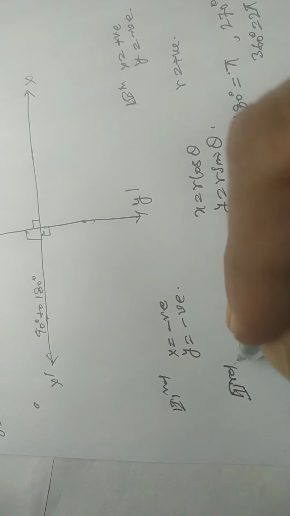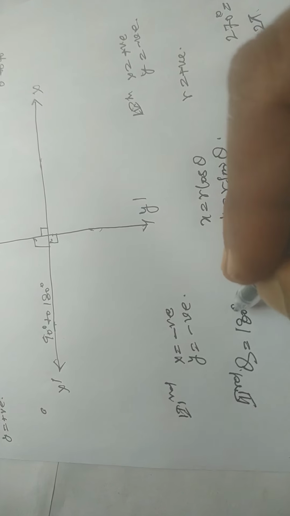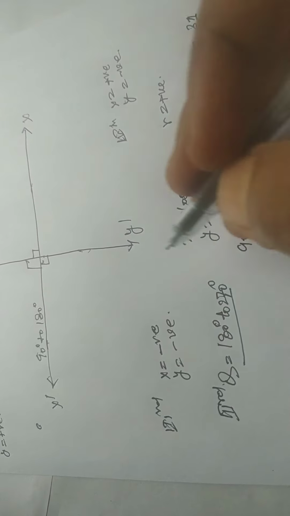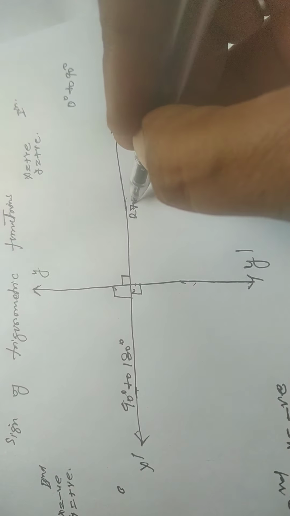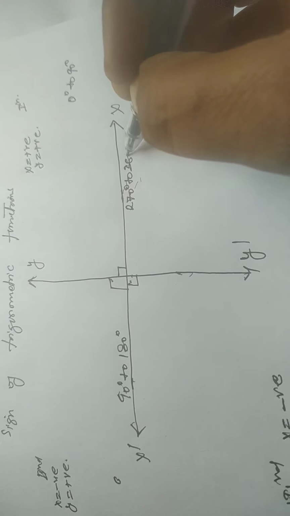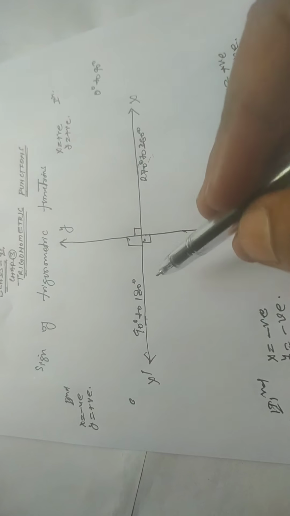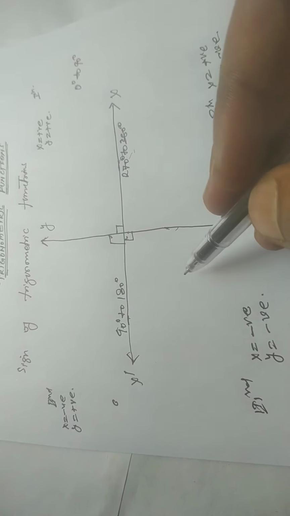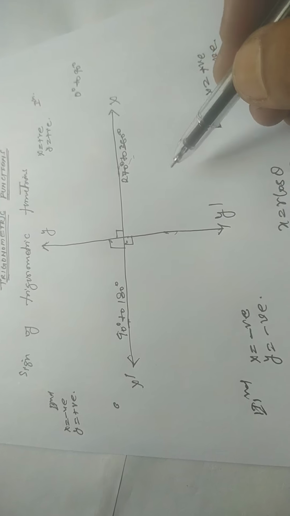The third quadrant lies between 180 degree to 270 degree, and the fourth quadrant is 270 degree to 360 degree. That means the first quadrant is 0 to pi by 2, the second quadrant is pi by 2 to pi, the third quadrant is pi to 3 pi by 2, and the fourth quadrant is 3 pi by 2 to 2 pi.